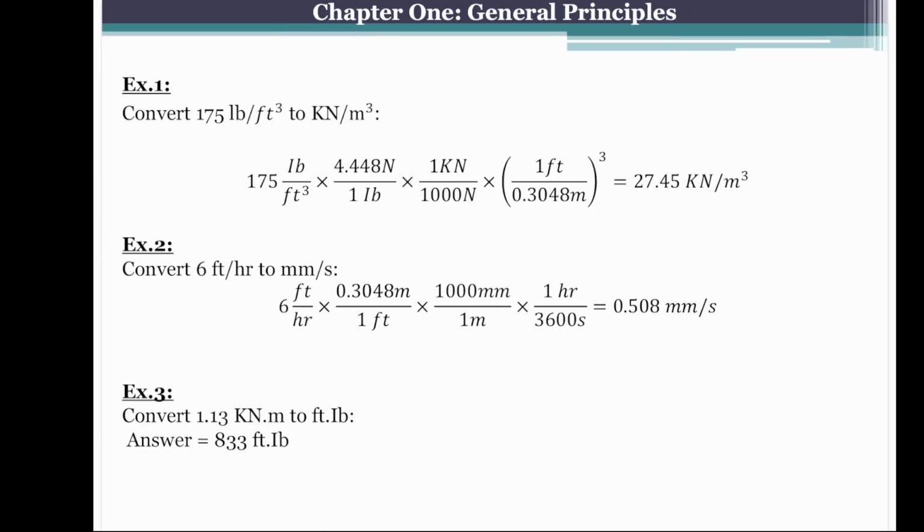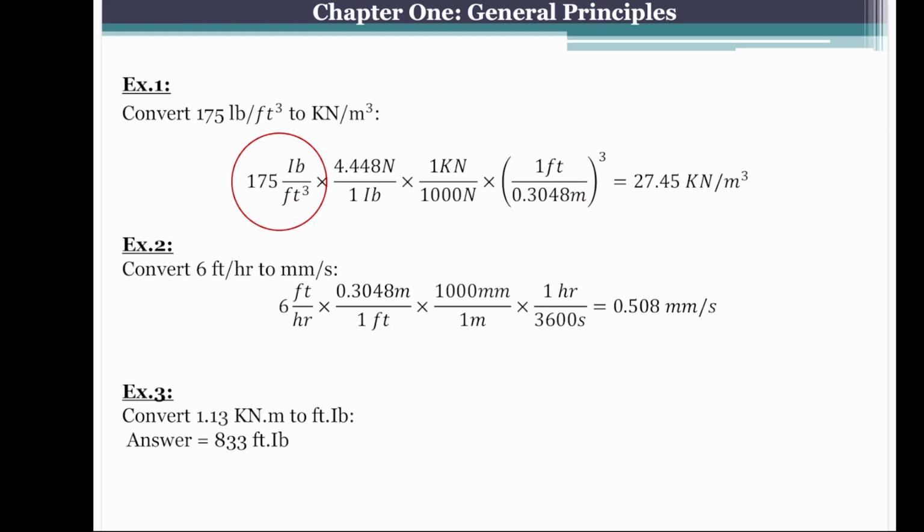So let's solve this example. I always start with the first number that you are concerned with converting, which is the 175. The question needs us to convert 175 pounds per cubic foot to kilonewtons per cubic meter.